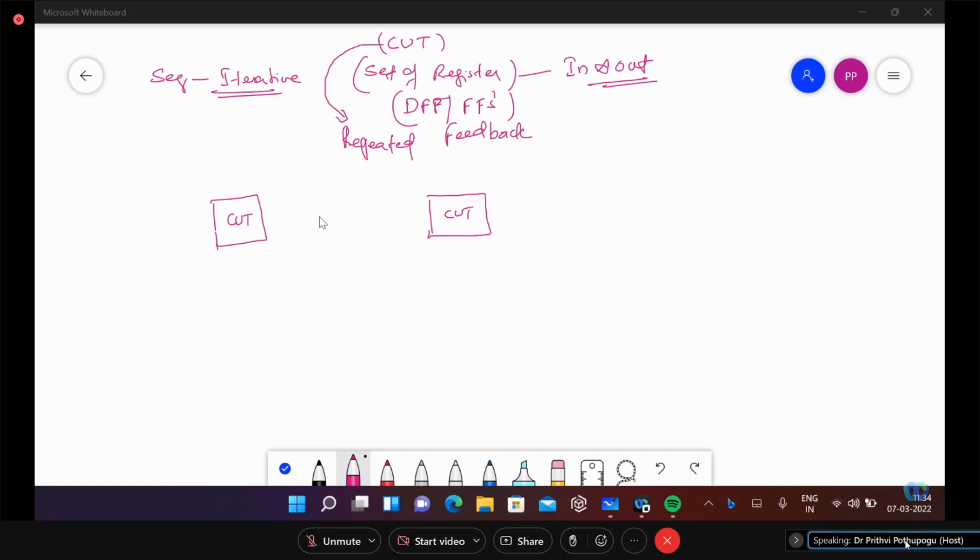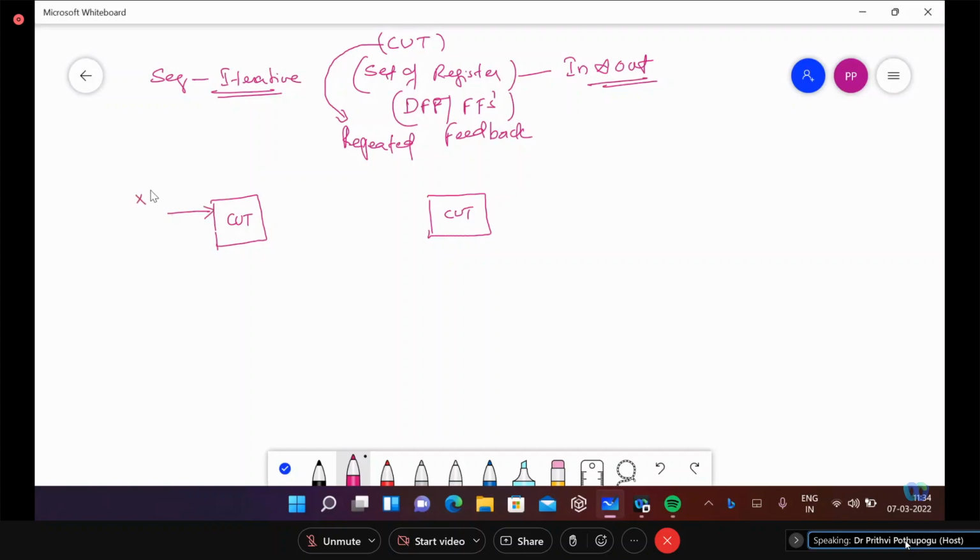In between, you have the external input and the output being defined. Along with that, you have the status element that is propagated from one level to another.